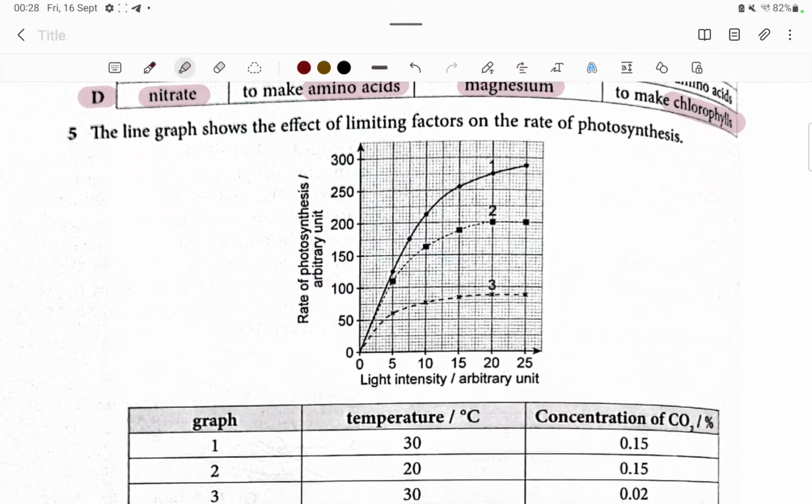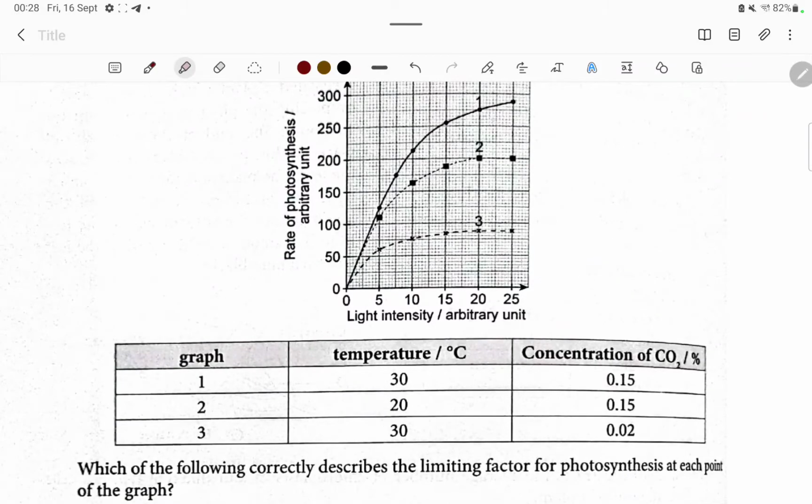Number 5. The line graph shows the effect of limiting factors on the rate of photosynthesis. So this one, one is temperature is 30.